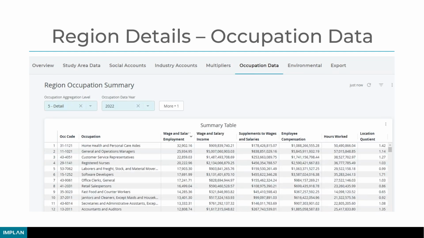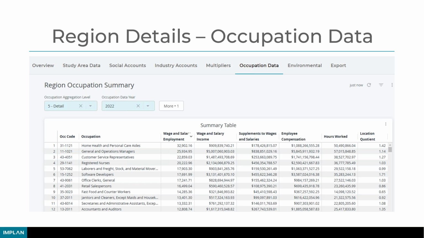Also, I wanted to mention, if you're relatively new to IMPLAN, you may not have seen, or if you've been with us for a while and haven't gone into the region details in some time, we also have two new, or relatively new, satellite accounts, occupation data and environmental data.